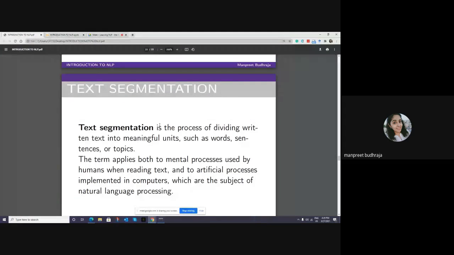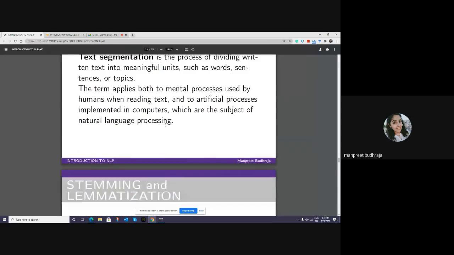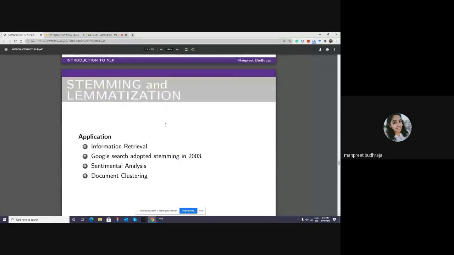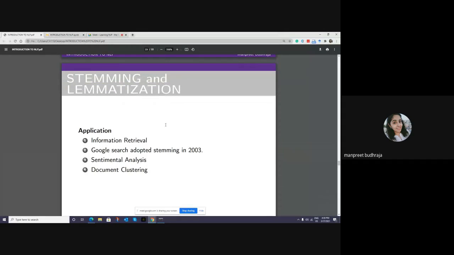So there's one thing called text segmentation. It's the process of dividing a written text into meaningful units, such as words or sentences or topics. This is very important because in tasks like information retrieval, Google search also adopted stemming. In sentiment analysis, you don't need to analyze the same word again.